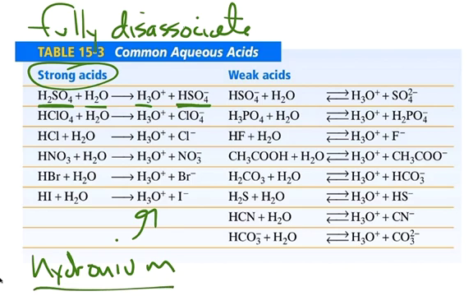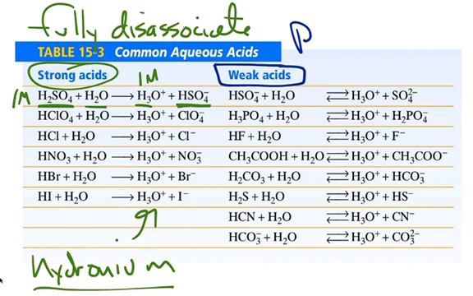So even though we talk about producing hydrogen ions, the hydrogen ions don't really exist. The hydrogen ions right away attack the water and we get hydronium ions. So strong acids fully dissociate. If you had 1 molar sulfuric acid and you put it in water, that means you actually have 1 molar hydronium ions. You don't really have the 1 molar sulfuric acid anymore. You have 1 molar hydronium ions.